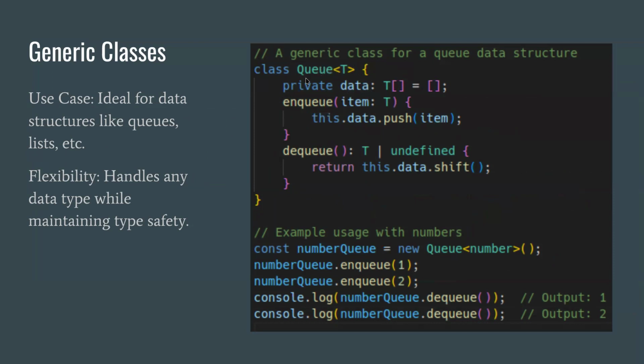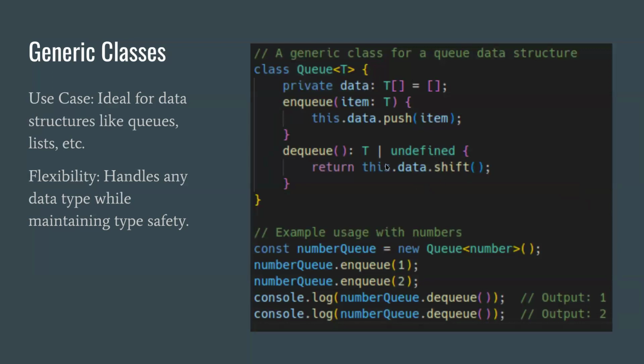We have this class Queue that receives data, which is an array of T, and has enqueue and dequeue. Enqueue would receive an item of type T, and upon receiving it, it will append it to this data. Then dequeue will either return T or undefined.